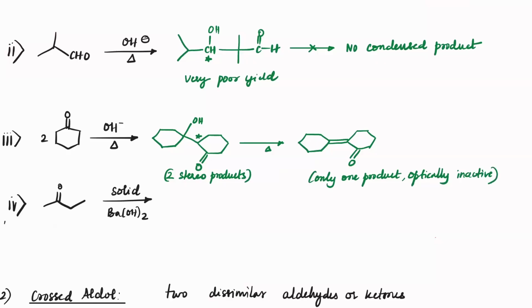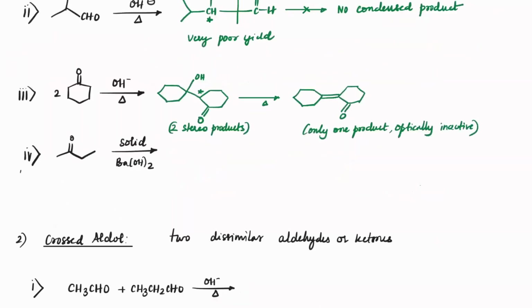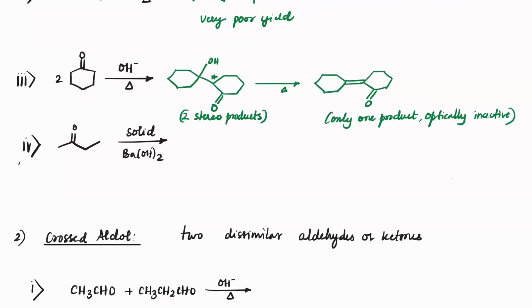Then that is a product. Check out the fourth case. This is a ketone. So ketones are very poor yield in the case of basic medium or aqueous basic medium. That's why we took a solid barium hydroxide. So using that, what can we do? We can have like this.